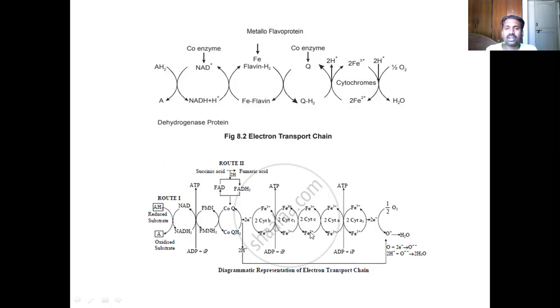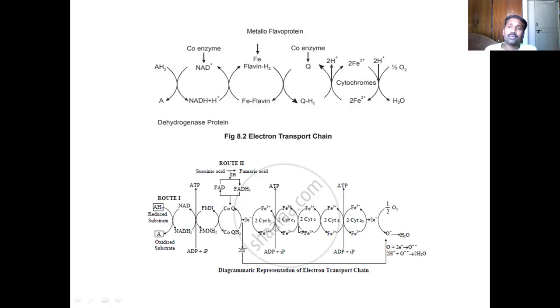So what is the importance of metal ions in these cytochromes? They are the electron ferries. One important property of these transition metals, like iron. Iron is a transition metal, even copper is. They exist in stable variable oxidation states, right? You have two stable oxidation states for iron, Fe2+ and Fe3+, as well as for copper, Cu+ and Cu2+.